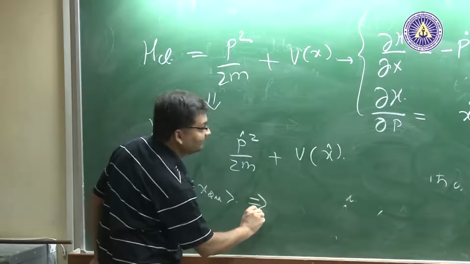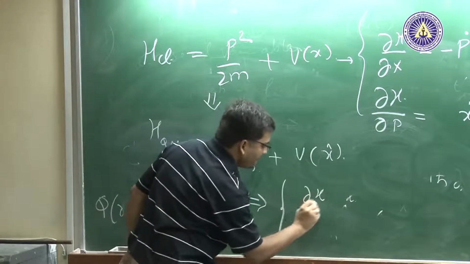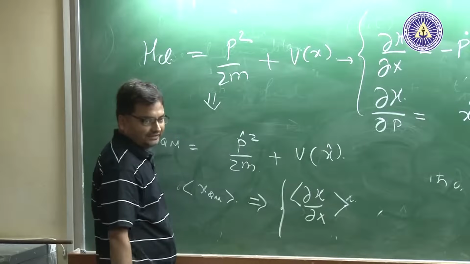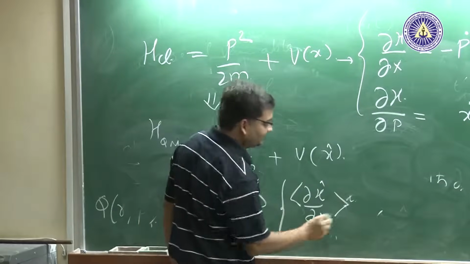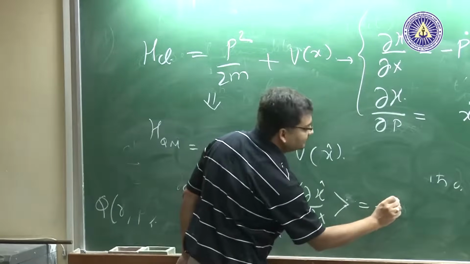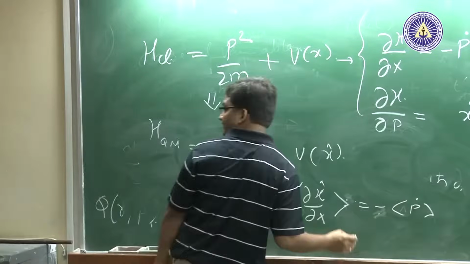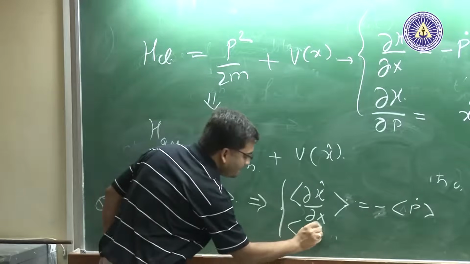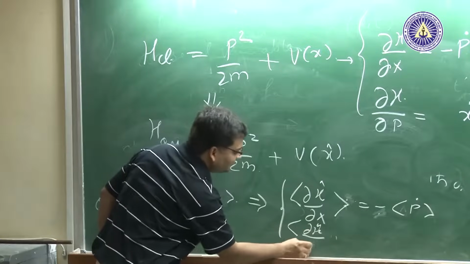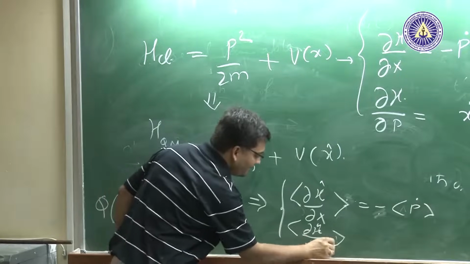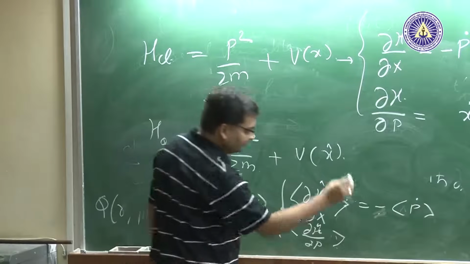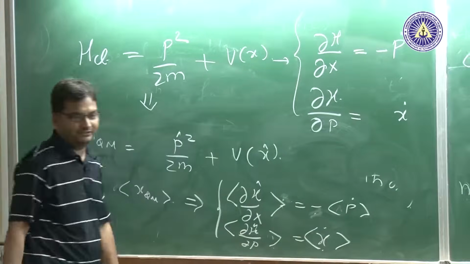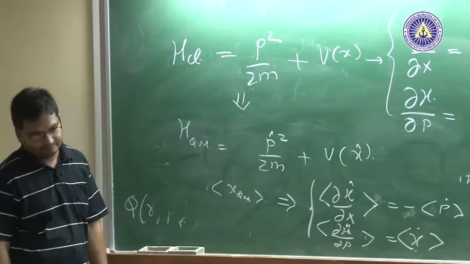So this will give me the expectation value of ∂H hat by ∂x equal to minus p dot, and the expectation value of ∂H hat by ∂p will give you the expectation value of x dot. So that's the correspondence.